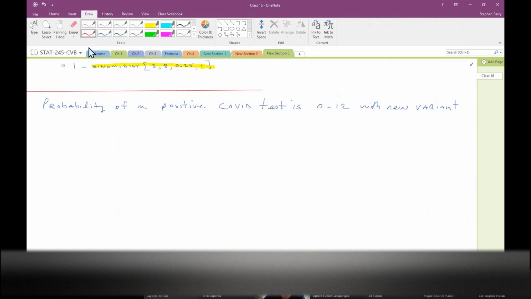What is the probability that 3 out of 10 students test positive?